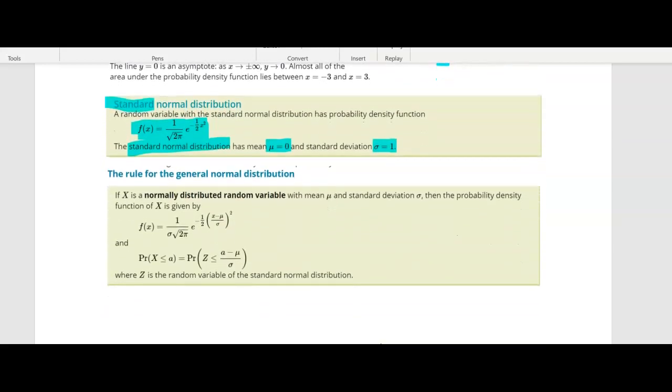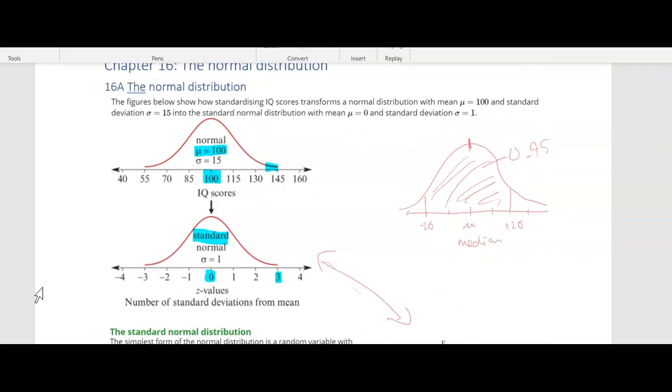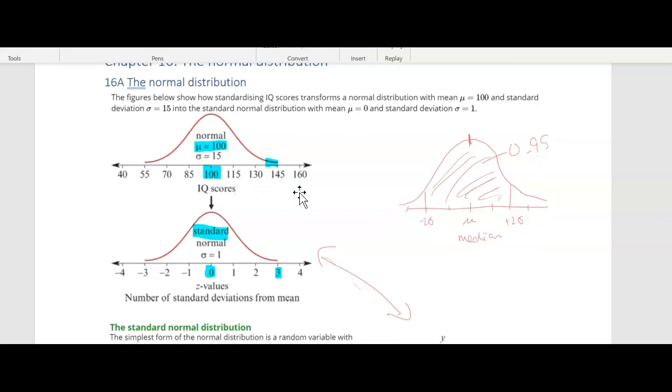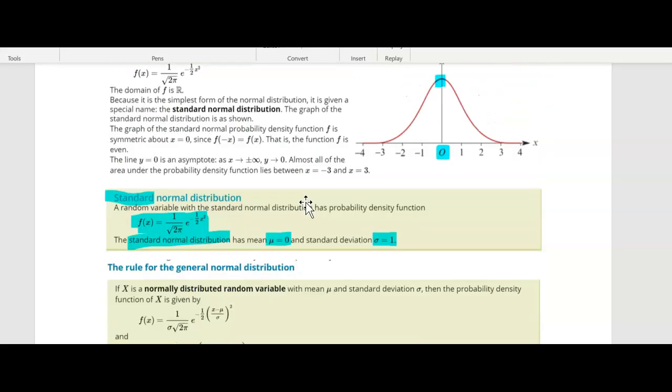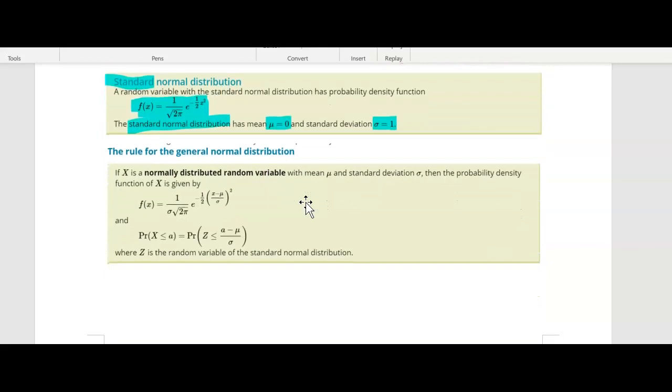But if we look at the general normal distribution, okay, which is kind of what we had up the top here with the IQ scores, okay, the first one, we don't have it standardized. We're going to keep the mean of 100 and a standard deviation of 15. So you can see here the rule looks quite similar to before, but we've got now the standard deviation there, which you did have there, but because for a standard normal distribution, the standard deviation is 1, so 1 times root 2 pi is still root 2 pi.